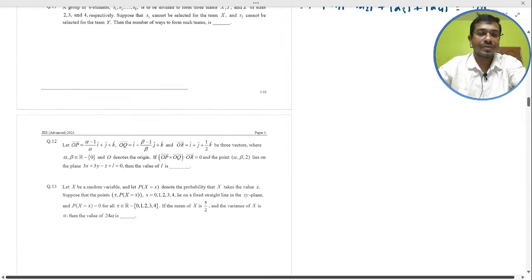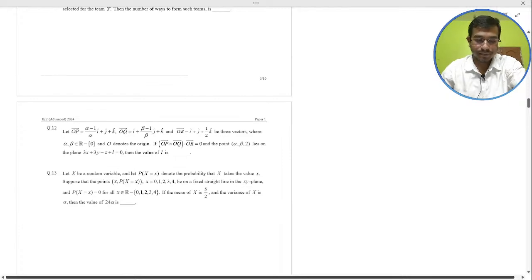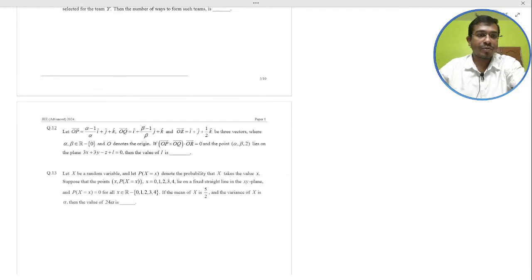Next question, question number 12. 12 and 13 we will solve. Let OP = (α - 1/α)i + j + k, OQ = i + (β - 1/β)j + k, and OR = i + j + (1/2)k be three vectors where α, β belong to R - {0} and O denotes the origin.